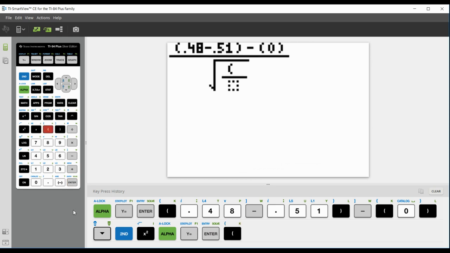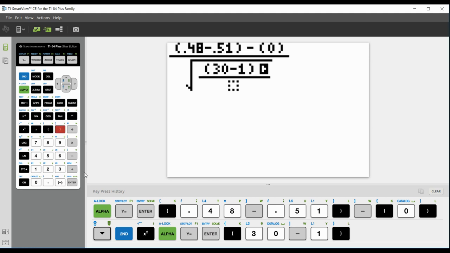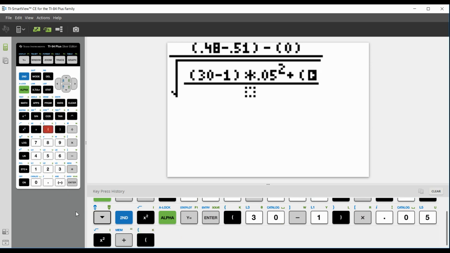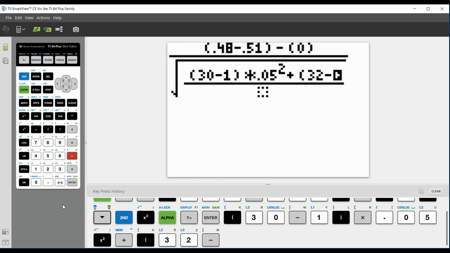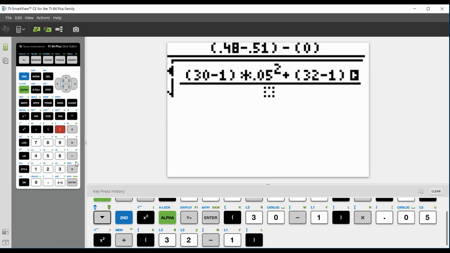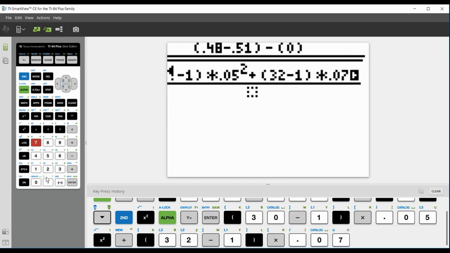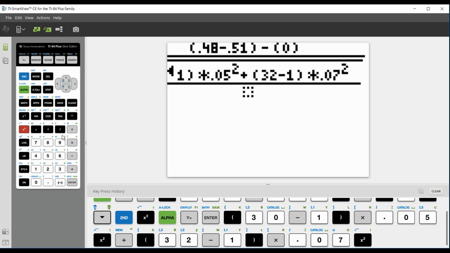So this one is our sample size -1, close the parenthesis, times our standard deviation here, so 0.05 squared, plus, and then we're going to do it for our other sample. So our sample size -1, close the parenthesis, times the standard deviation squared.